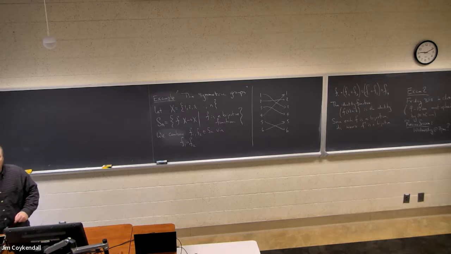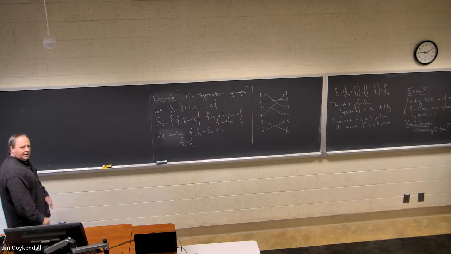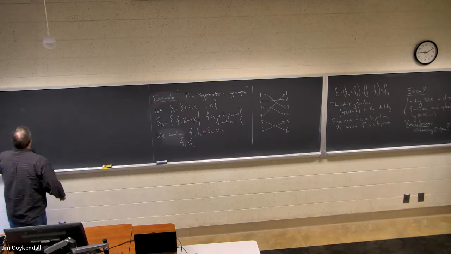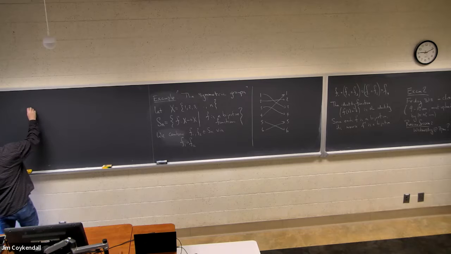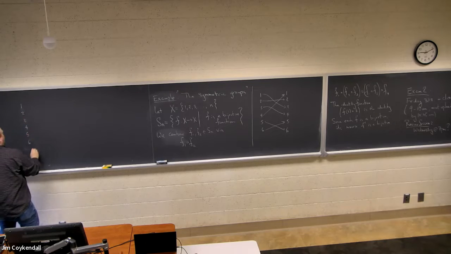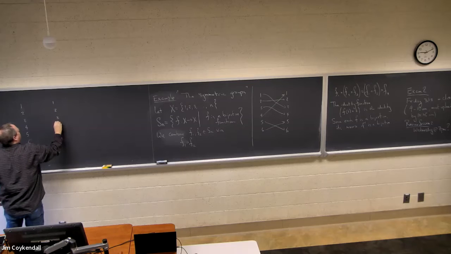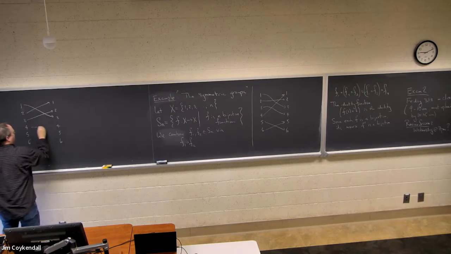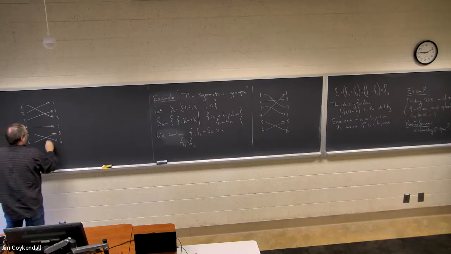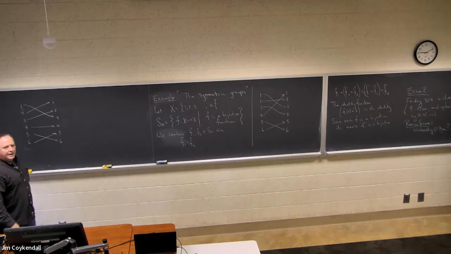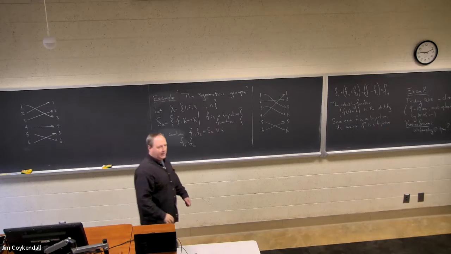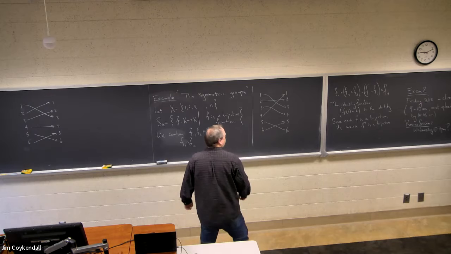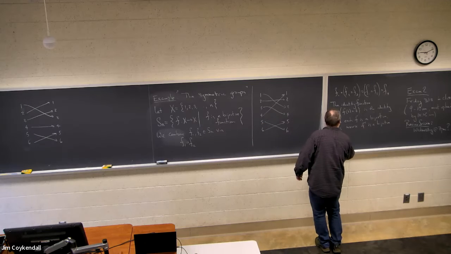Now, I taught you notation last time, and I implemented it for S3, but let's do something a little bit larger. If I were to write the elements of S6 down, by the way, how many elements of S_n are there?